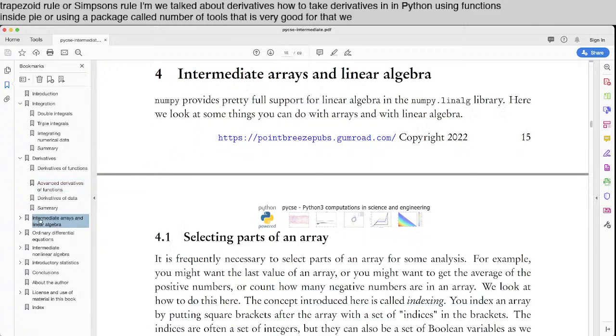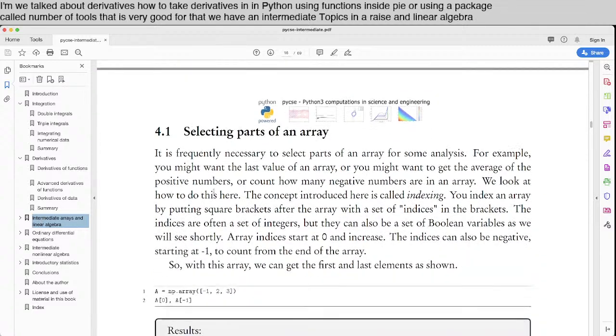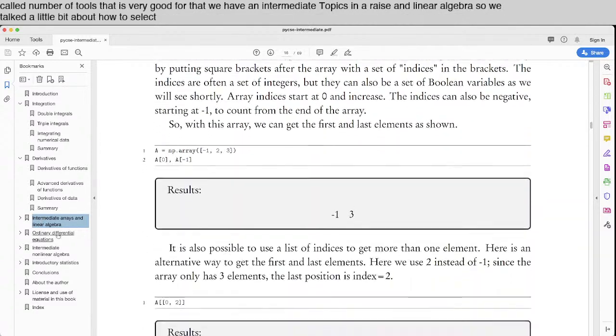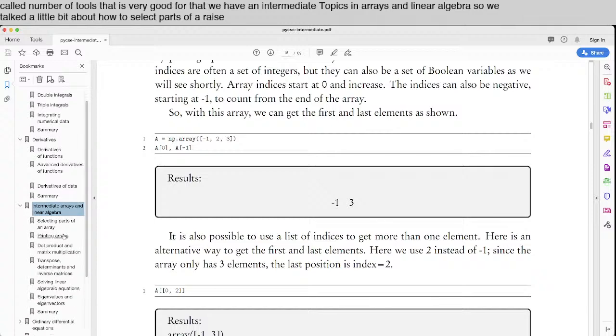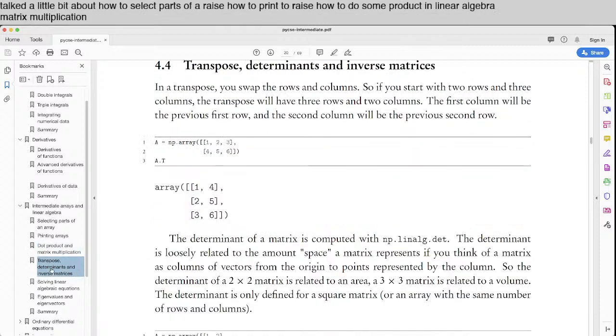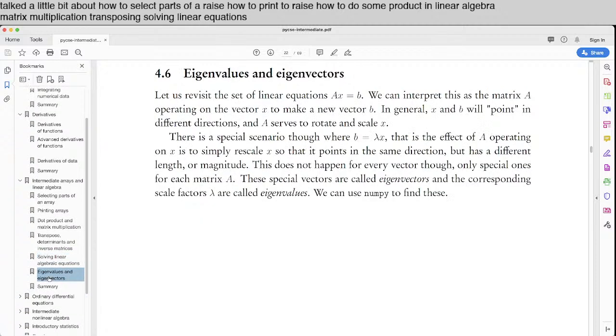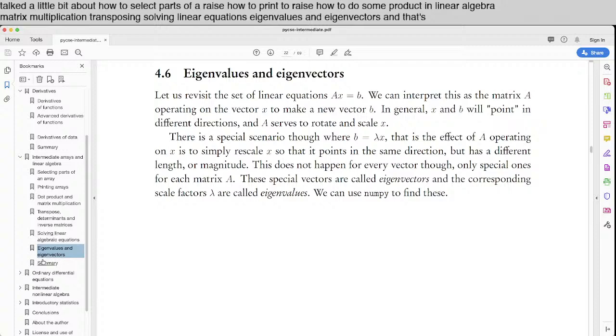We have intermediate topics in arrays and linear algebra. So we talk a little bit about how to select parts of arrays, how to print arrays, how to do some dot product in linear algebra, matrix multiplication, transposing, solving linear equations, eigenvalues and eigenvectors, and that's what we cover there.